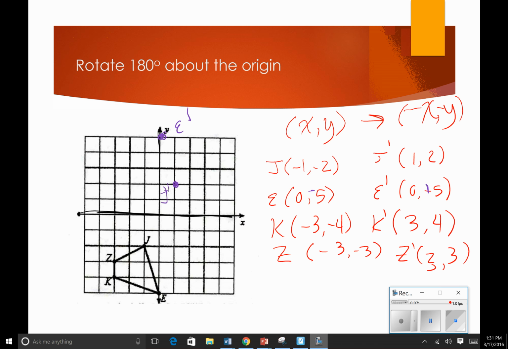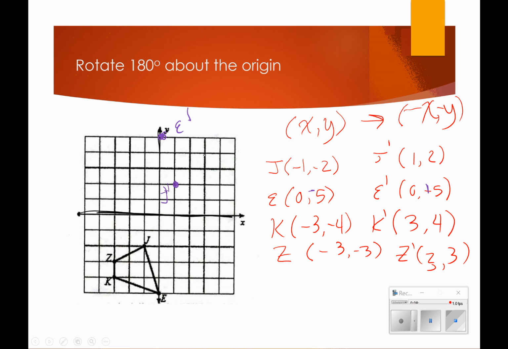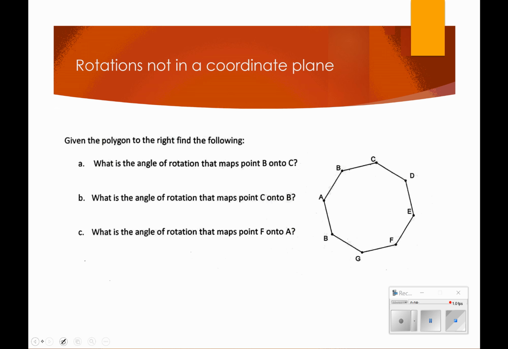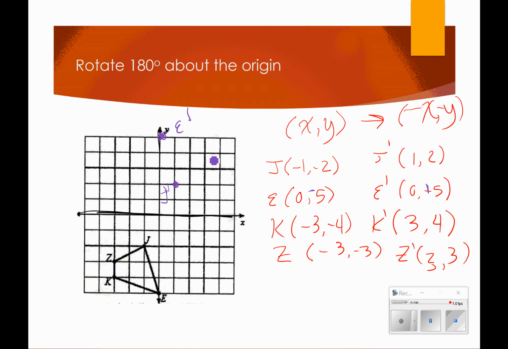Okay, K prime is going to be 3, 4. And Z prime is 3, 3. So here is my new quadrilateral.